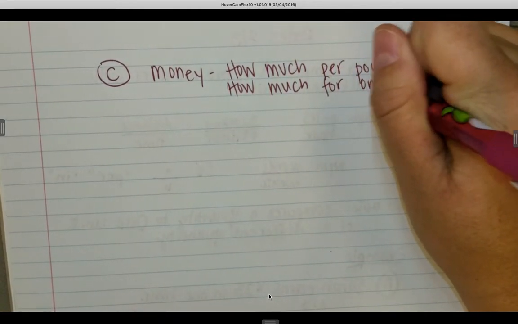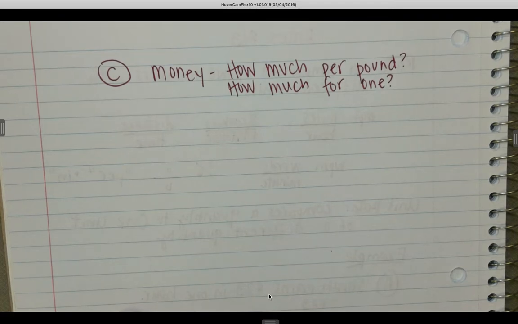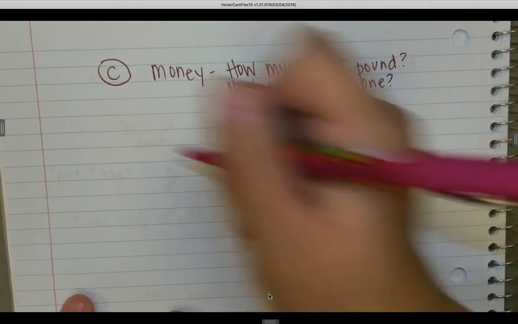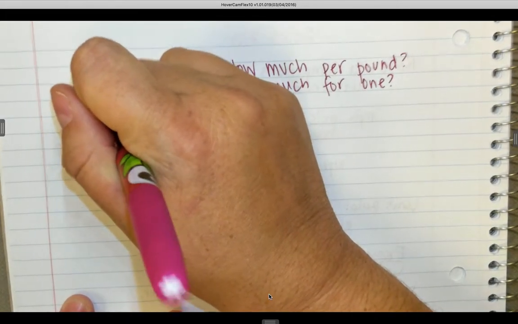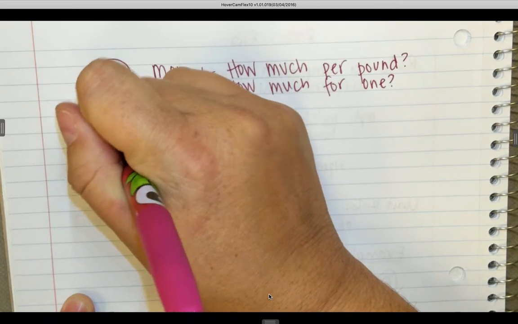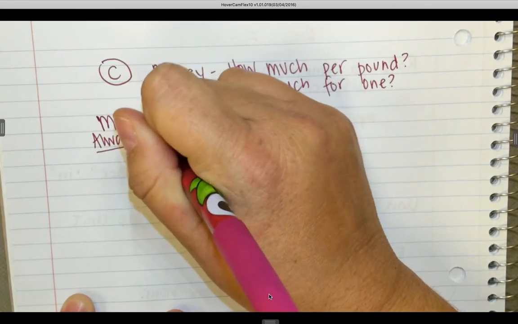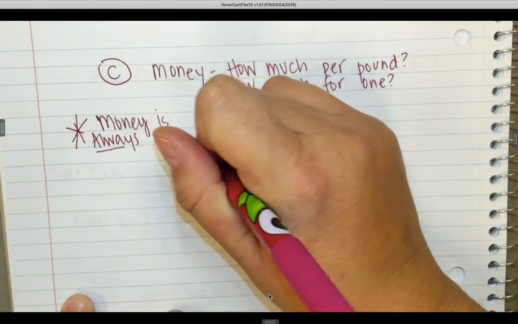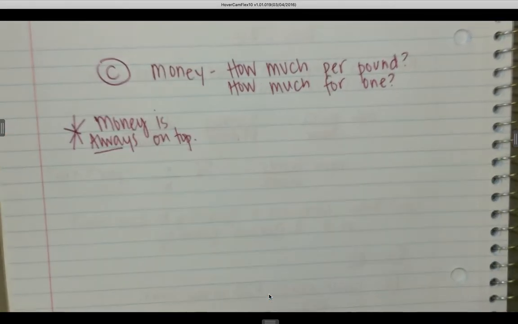And this is kind of what we talked about this morning with our candy problem. When you always write it, the money is always on top. It's always the first one.